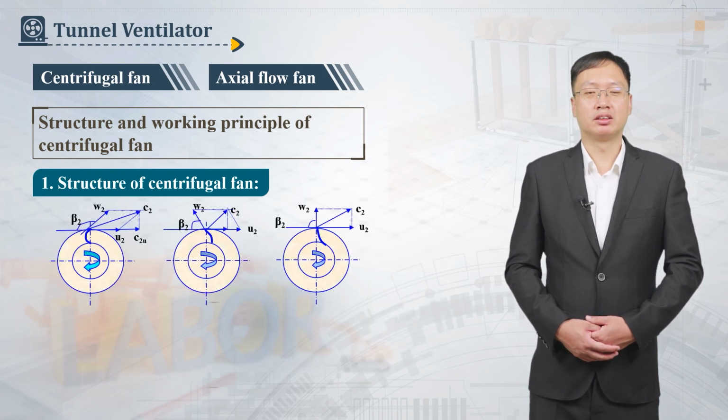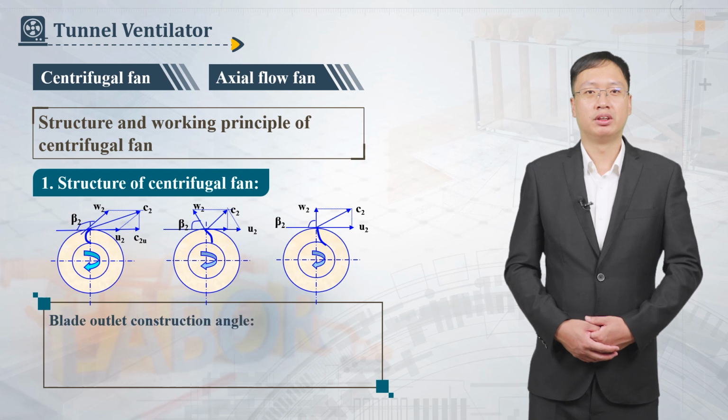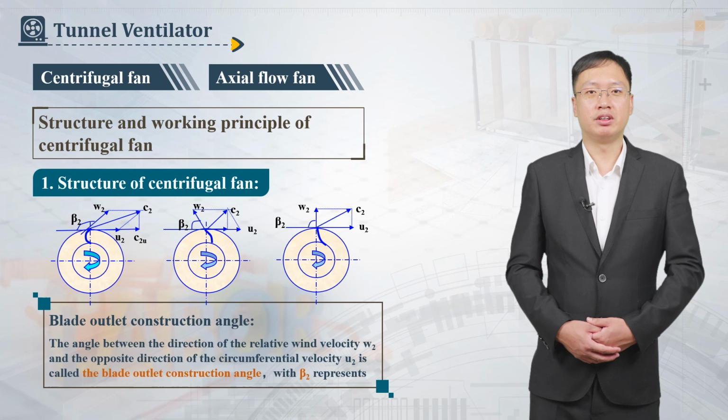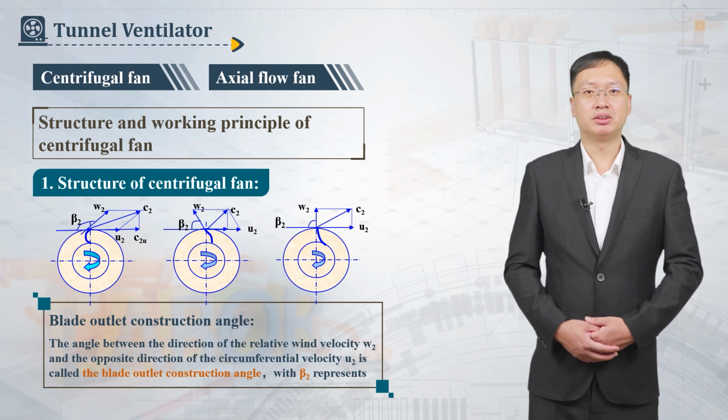Blade outlet construction angle. The angle between the direction of the relevant wind vector W2 and the opposite direction of the circumferential vector U2 is called the blade outlet construction angle, B2.